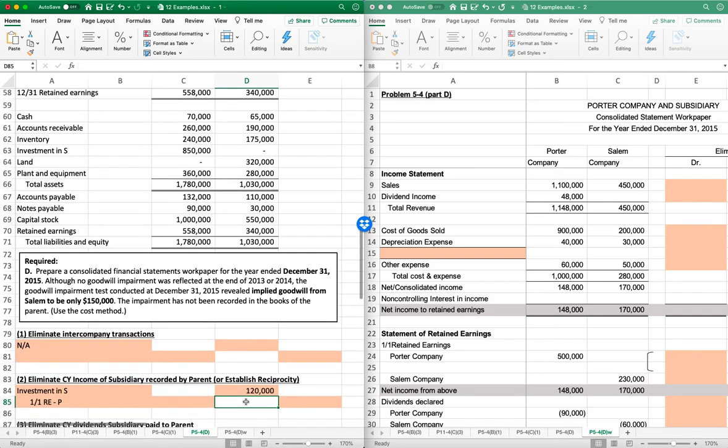So again, keep in mind that now we're looking at changes from year 2 and year 1. When we did this entry in the previous video, we were only looking at changes from the prior year, but that's only because there was only 1 year since acquisition. This catch-up entry is always going to catch up that change in retained earnings from the date of acquisition all the way through the beginning of the year that we're consolidating.